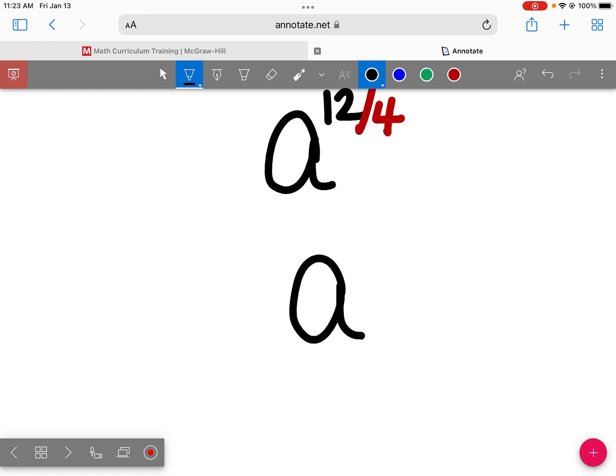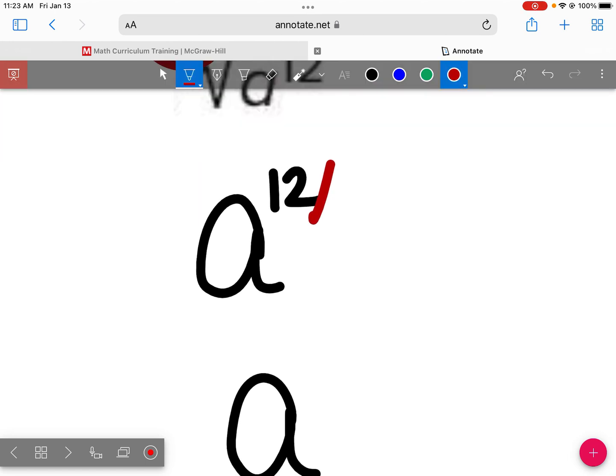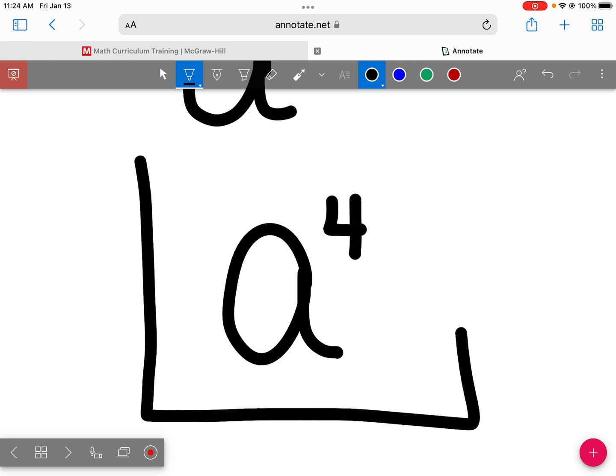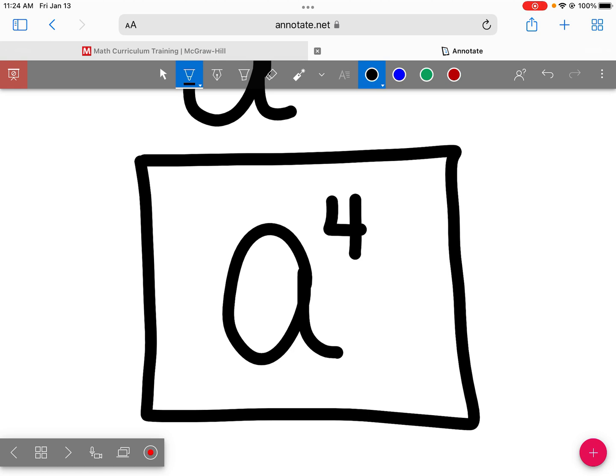Or sorry, not by 4. I'm dividing this by what? What's my index? It's 3. My brain wrote down the wrong number. I think in my head I divided and wrote that down. So this is going to be a to the 4th. There we go. So far, so good? All right.